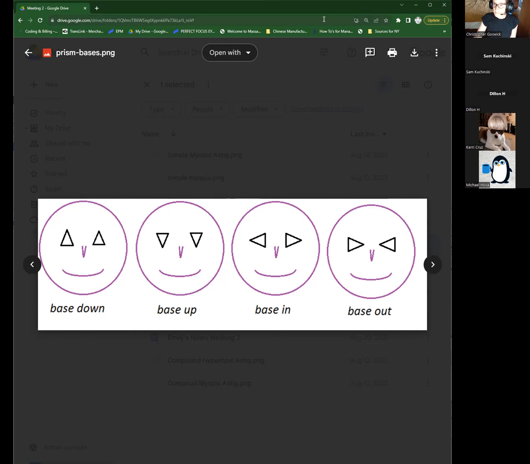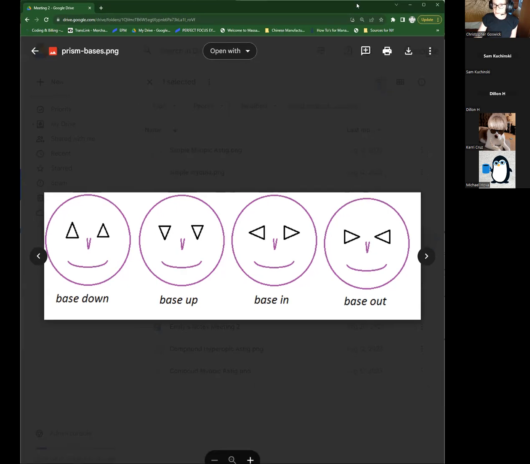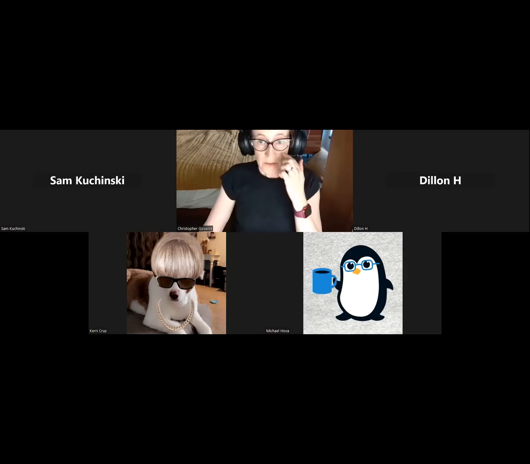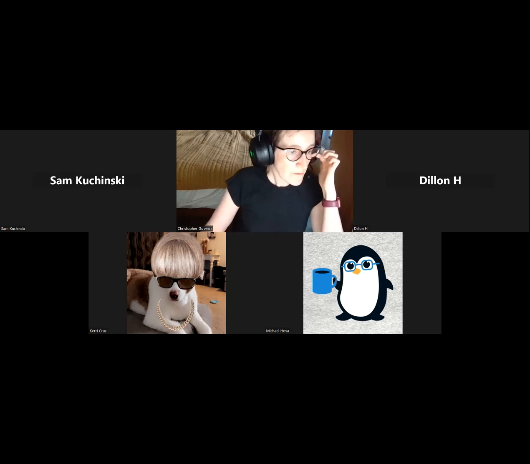Okay. So let me move on a bit. I'm going to probably share screens again in a sec, but I'll close this one for now. I did have you look at basic optical principles.